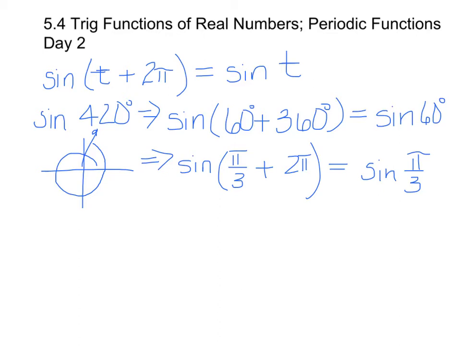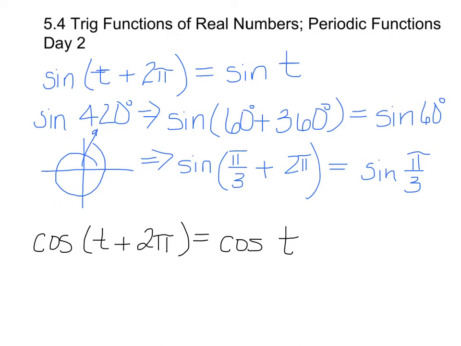And cosine works the same way. So cosine of any angle that's more than 2 pi is the same thing as finding just cosine of your angle or your reference angle. I'll use something different.